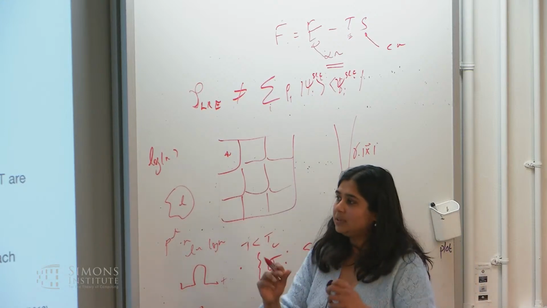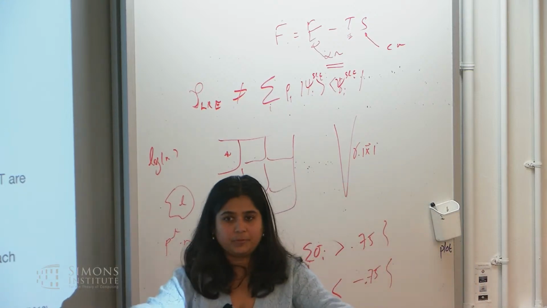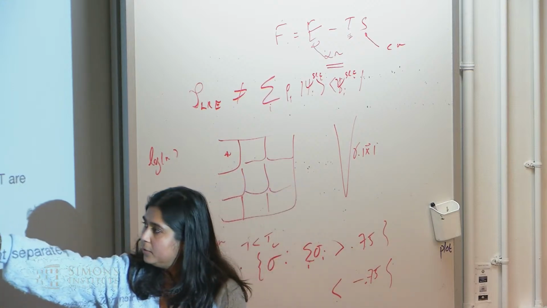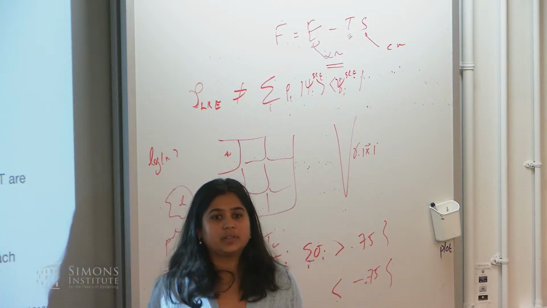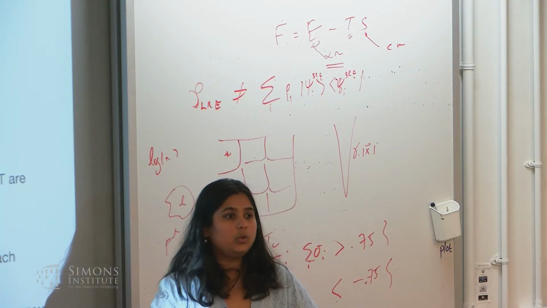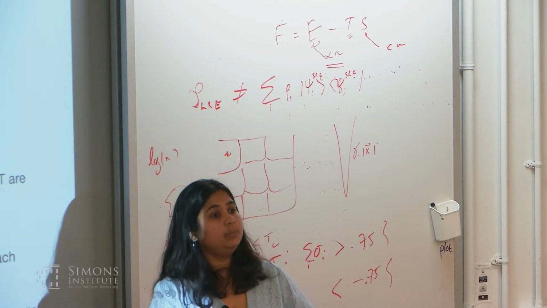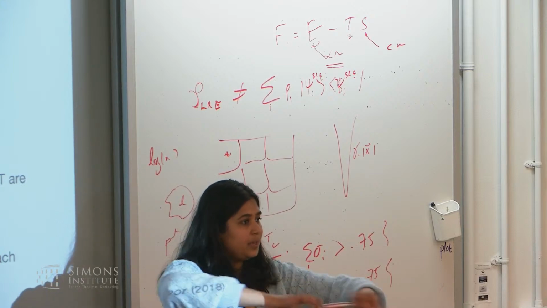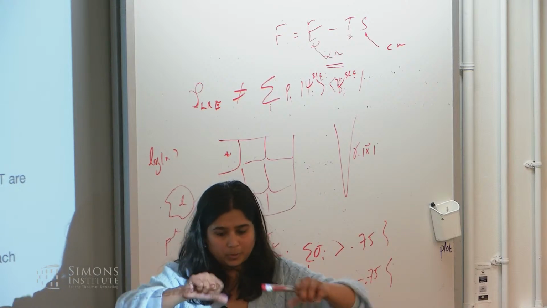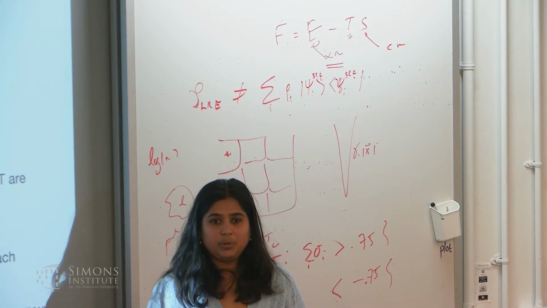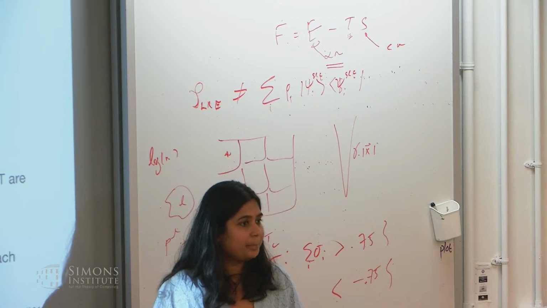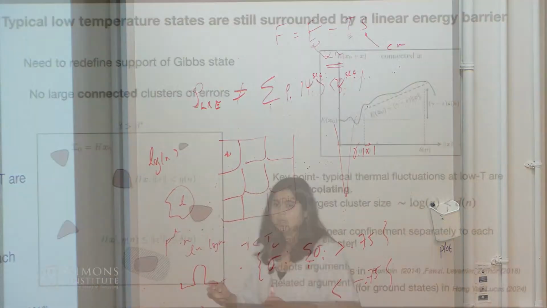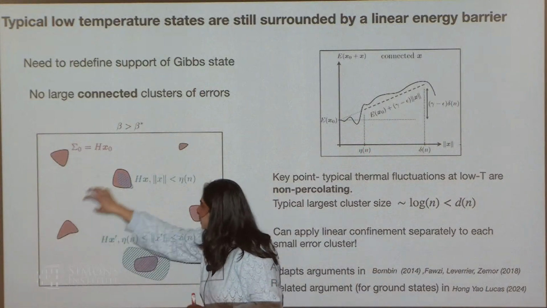So your typical syndrome pattern, starting from some reference configuration at low enough temperature, which is in red, looks like lots of disconnected patches. Now you add to it typical thermal fluctuations about that, which are again going to be bit flips made with small enough probability that they're non-percolating. There can be some cancellations that happen in small places, but each of these patches is very small.